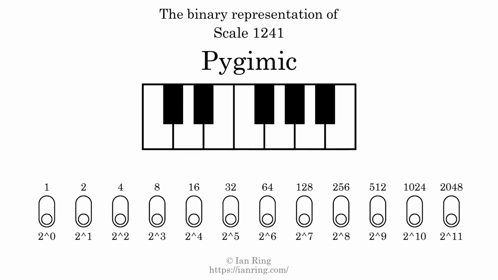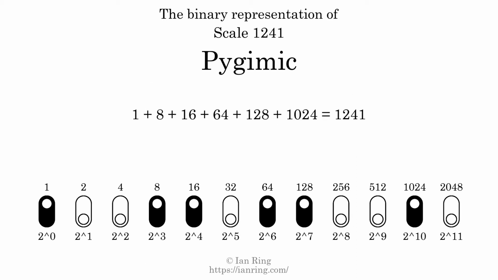The binary representation of this scale is determined by mapping tones of the scale to binary digits. Each binary digit represents a power of 2. To get the scale number, we add the powers of 2 together. The powers of 2 that are present in the scale, all added together, equals 1241.